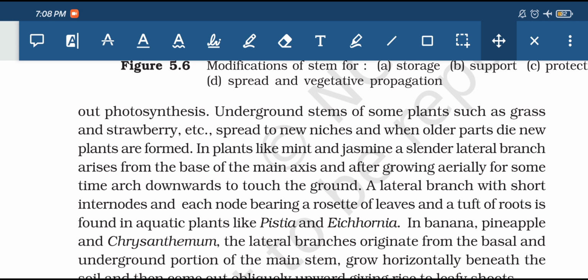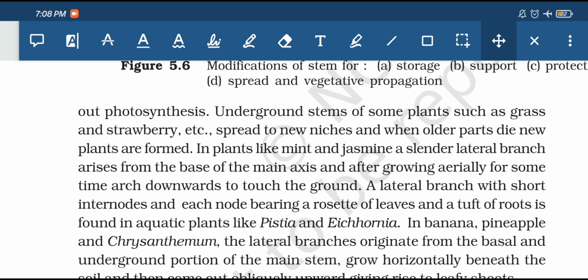A lateral branch with a short internode, and each node bearing a rosette of leaves and a tuft of roots, is found in aquatic plants like Pistia and Eichhornia.